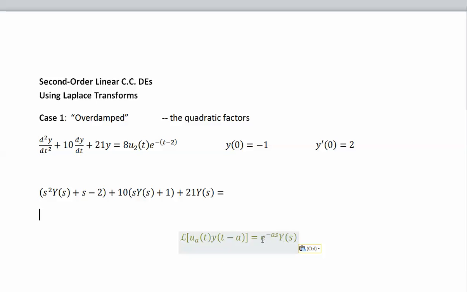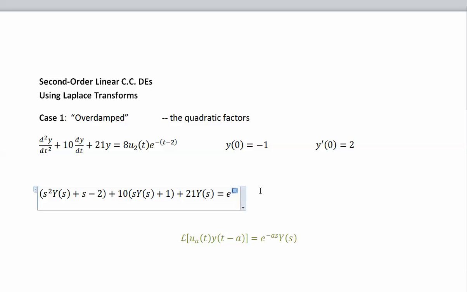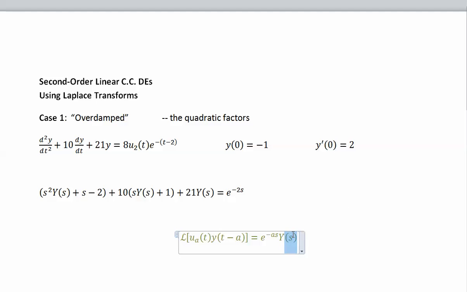And the rule says that the result would just be e to the minus 2s times the Laplace transform of the function non-shifted, before it was shifted. So before this was shifted, this is just e to the minus t, right?